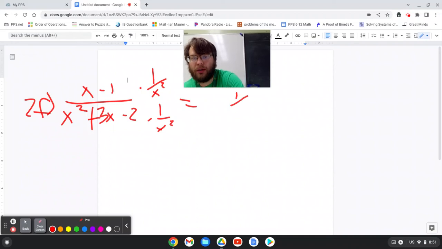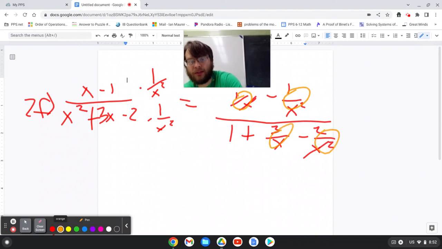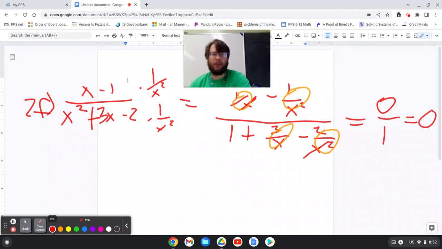So I have 1 over x minus 1 over x squared. On the bottom I have 1 plus 3 over x minus 2 over x squared. And then as I apply the limit, I get 0 minus 0 over 1 plus 0 minus 0. So it becomes 0 over 1, which is just 0.